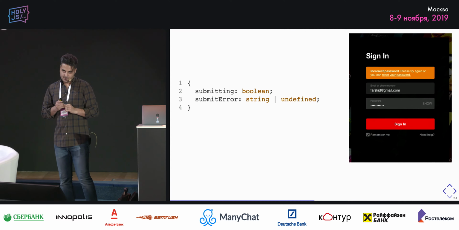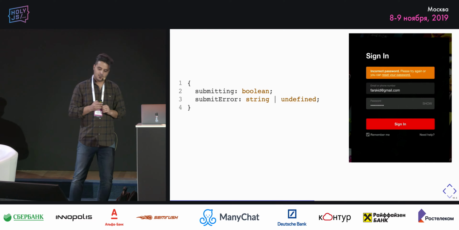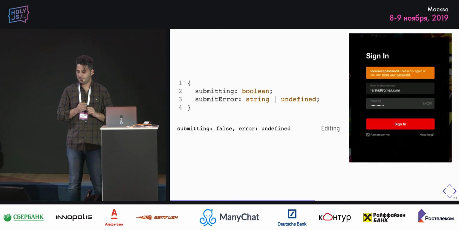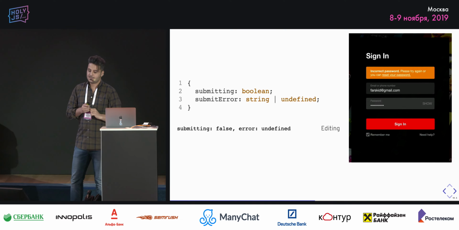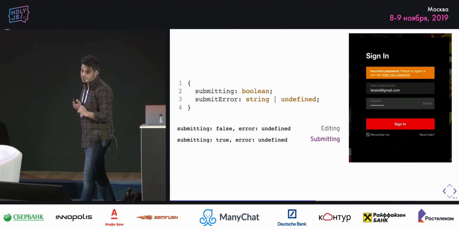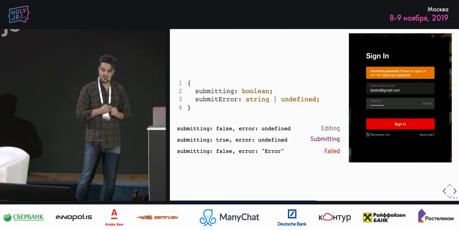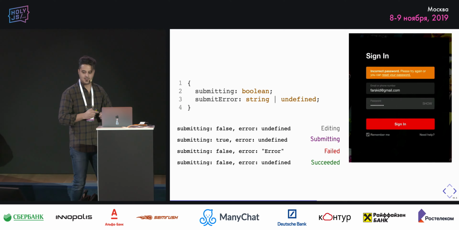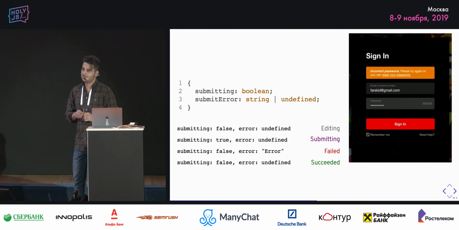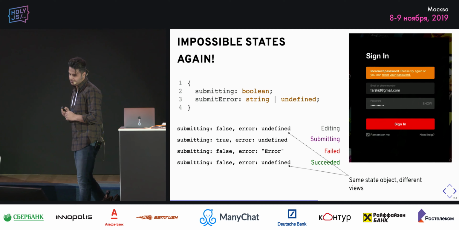So, of course, for implicitly handling the state of the form, we keep track of one Boolean and one error. If the form is being edited, submitting is false, there is no error. If it's being submitted, submitting gets true, there is still no error. If it fails, then there is an error and submitting is false.